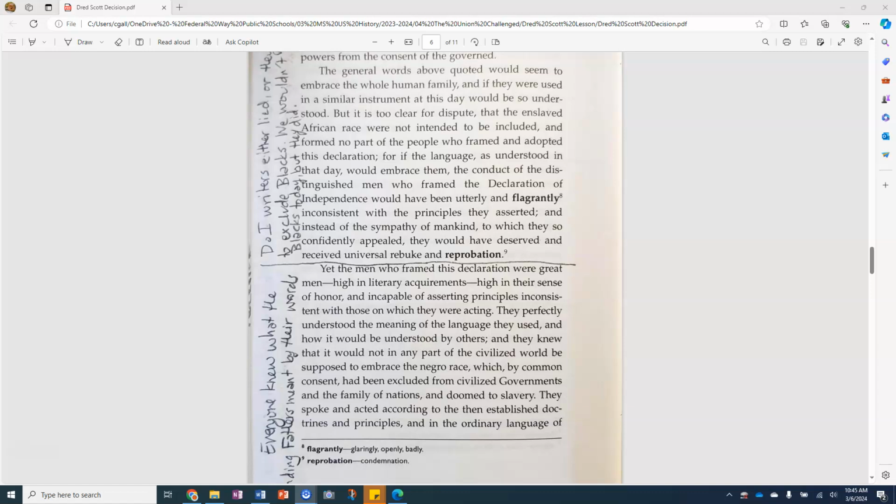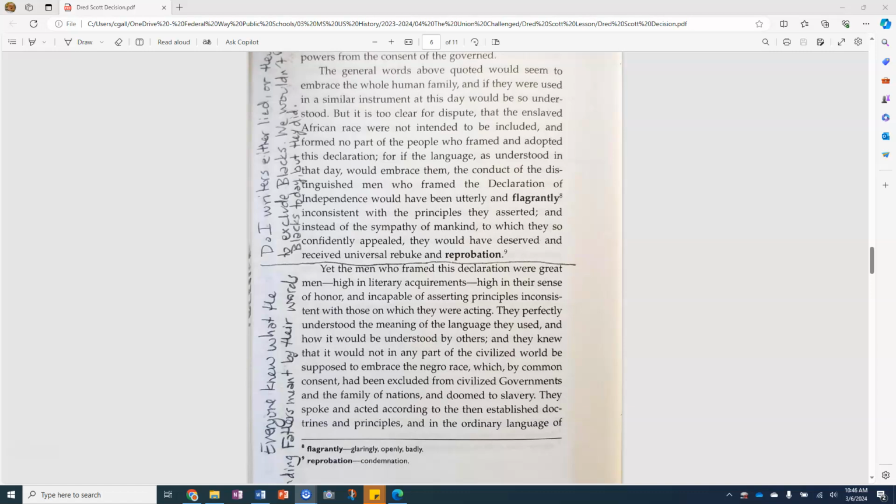Yet the men who framed this declaration were great men, high in literary acquirements, high in their sense of honor, and incapable of asserting principles inconsistent with those on which they were acting. They perfectly understood the meaning of the language they used and how it would be understood by others, and they knew that it would not in any part of the civilized world be supposed to embrace the Negro race, which by common consent had been excluded from civilized governments and the family of nations and doomed to slavery.